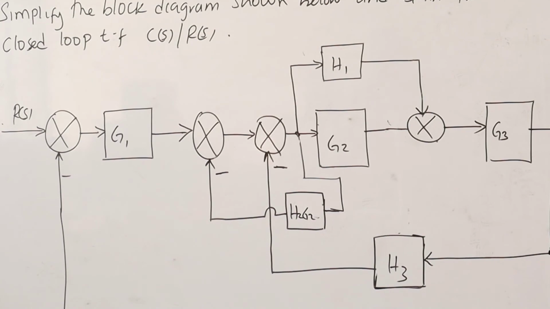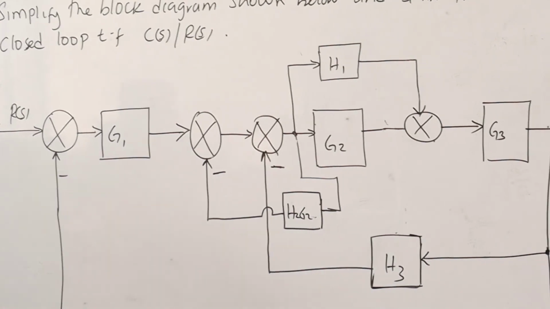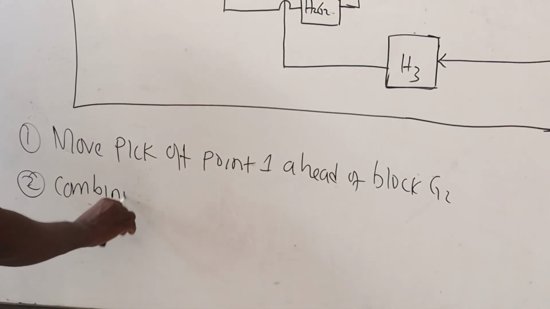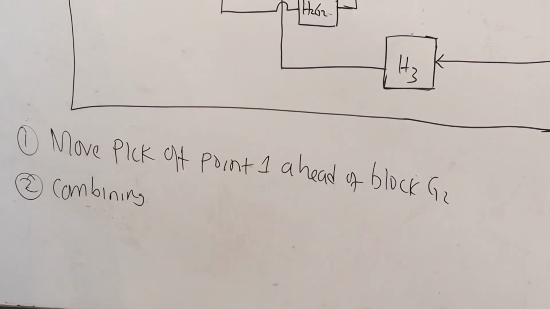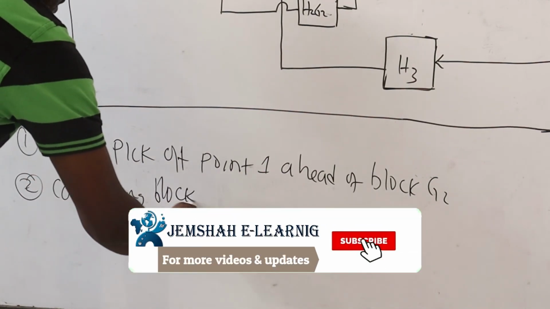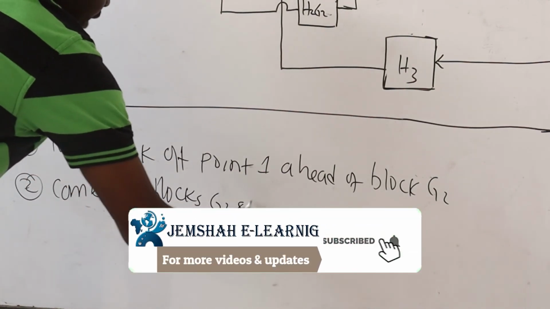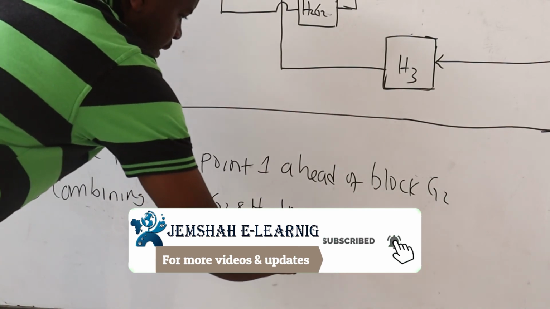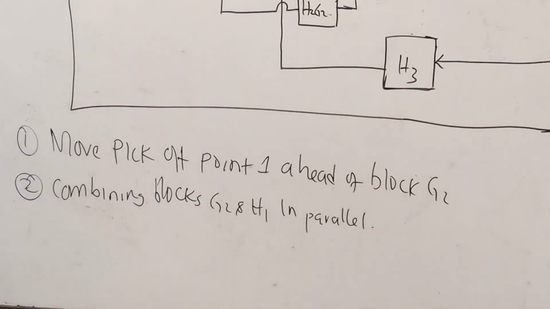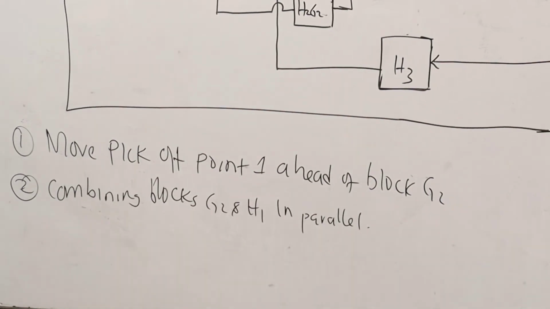So the second step is combining blocks G2 and H1 in parallel. If we combine the two blocks that are in parallel, we are going to remove this summing point.